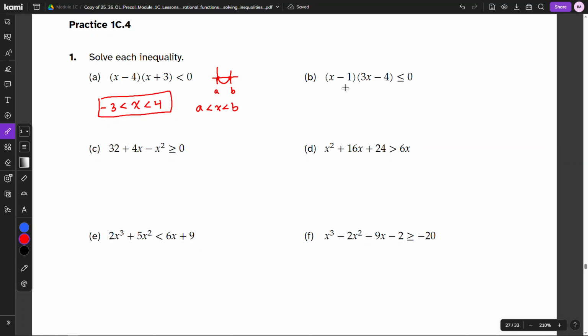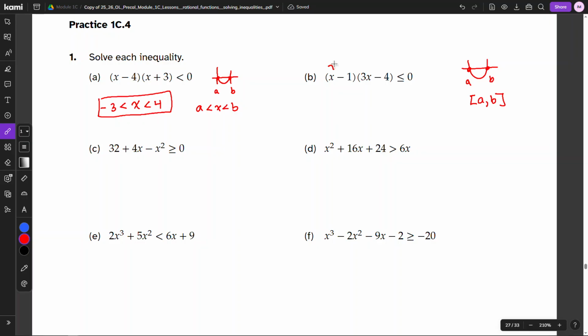Here we have (x - 1)(3x - 4) less than or equal to 0. So once again, parabola opens upwards because of positive leading coefficient, right? And between a and b, less than or equal to 0 means that I am going to be between a and b inclusive. Maybe I want to give it using this notation.